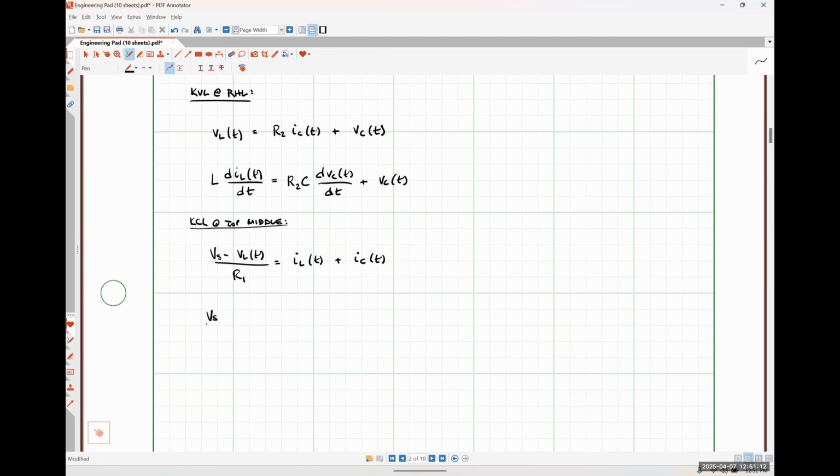So I might have VS over R1 minus, let's see, the voltage drop across an inductor is L dI by dt, so that's going to be L over R1 times the derivative of my inductor current with respect to time, is equal to IL of t plus C dV by dt, like so.